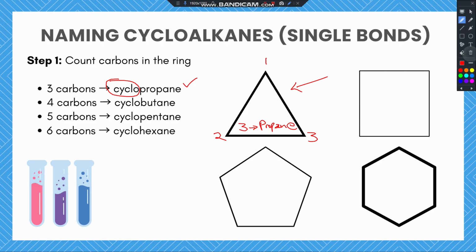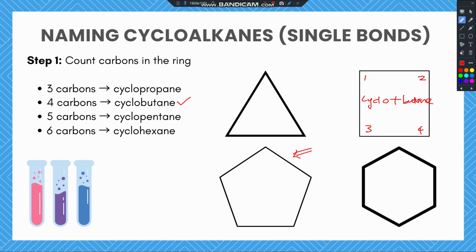I'm sure you're seeing how everything is being carried out. How about when there are four carbon atoms? One, two, three, four. So we add the prefix cyclo plus the parent name, which is butane. So altogether we have cyclobutane. Same thing goes for this structure over here.